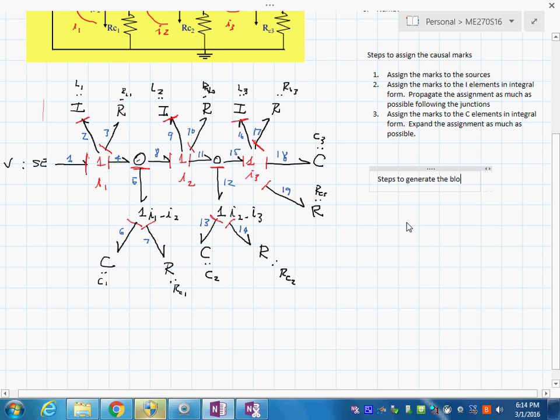So that would set also the whole structure for the system, right?